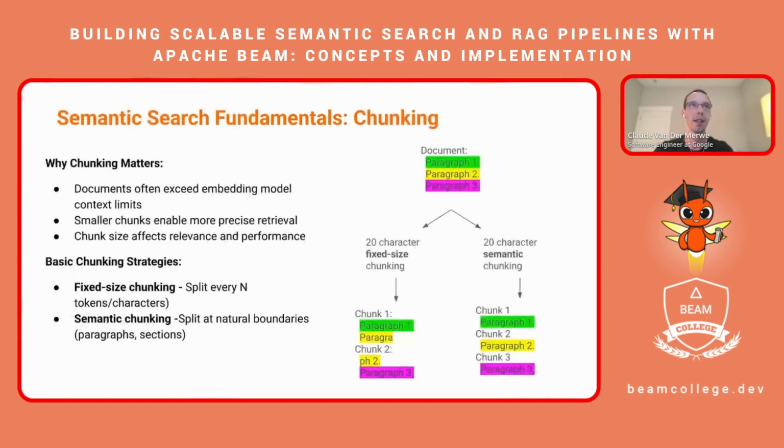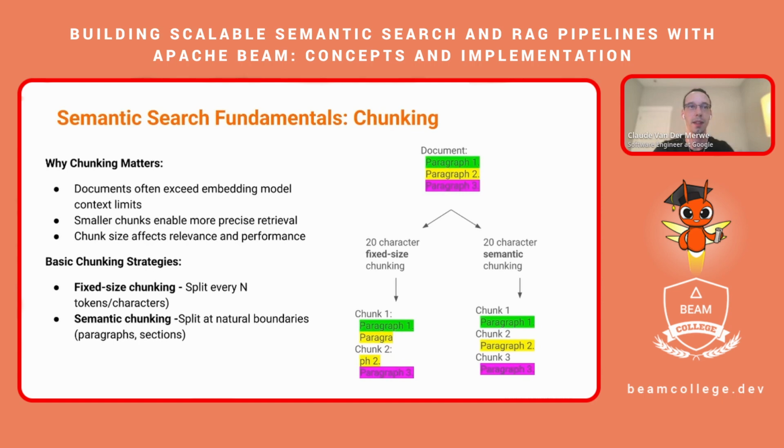Okay, next tool in the toolkit for semantic search is chunking. Okay, so why does chunking matter? Documents that we want to embed often exceed the token context limits of embedding models. This requires us to break a large document into smaller pieces that we can individually embed.